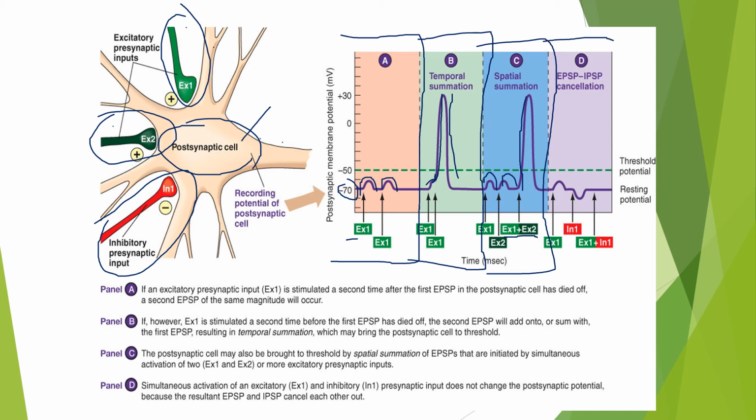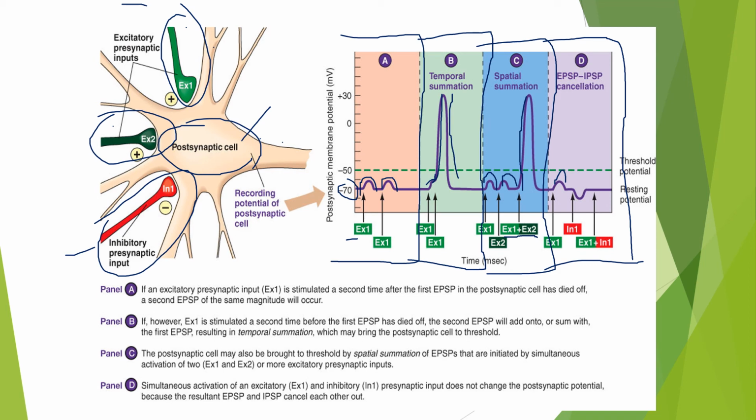Now this last panel here in D, what we have is now excitatory presynaptic neuron number 1 and inhibitory presynaptic neuron number 1. So you can imagine with the excitatory neurotransmitter release, that's going to cause slight depolarization.